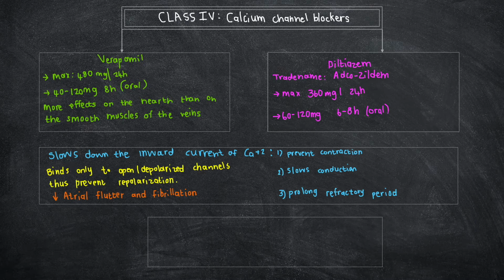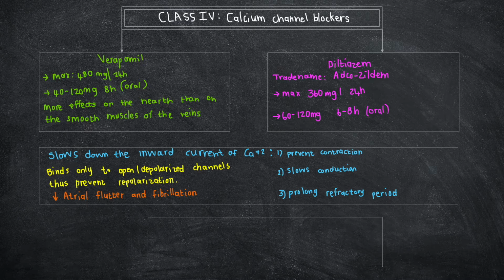So the mechanism of action: the drug slows down the inward current of calcium and thus prevents contraction. It slows down conduction and also prolongs the refractory period. Also, it only binds to open or depolarized channels to prevent repolarization.